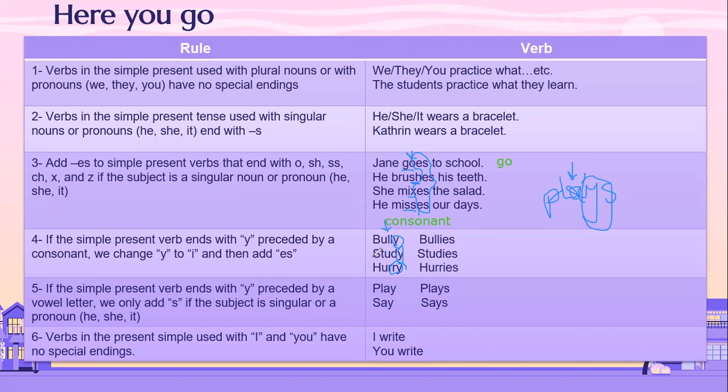However, bully, study, hurry, the Y is preceded with a consonant letter. That's why we remove the Y and we add IES. This is the fourth rule.